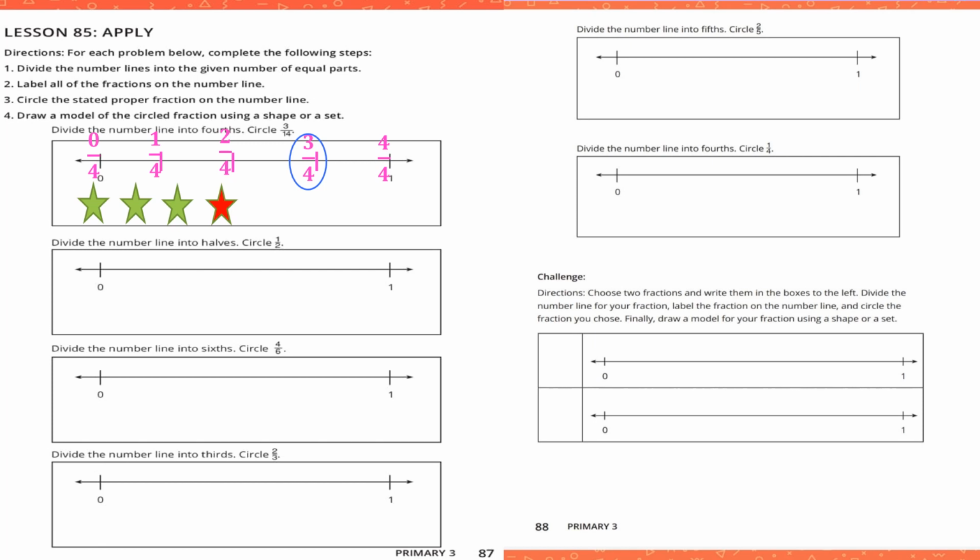Number 2, divide the number line into halves. Halves, it means how many equal parts? Yes, 2 as a denominator, it means 2 equal parts, by making how many dashes?